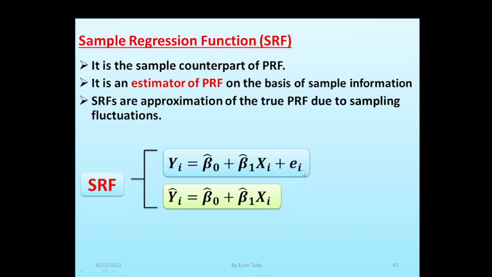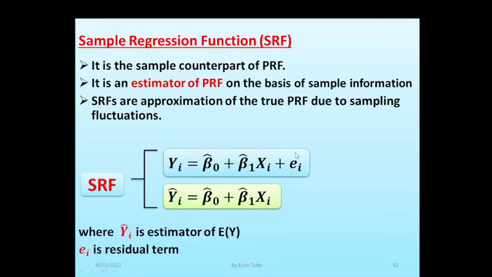This is the random error counterpart for the sample. Before we had ui for the population; now it's ei. The fitted line, y hat, is equal to beta naught hat, the estimator of beta naught, plus beta 1 hat, the estimator of beta 1, times xi. This is the sample regression function.